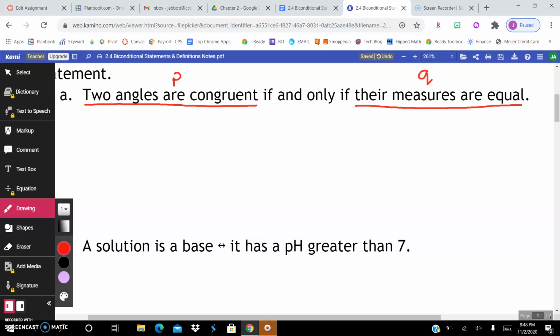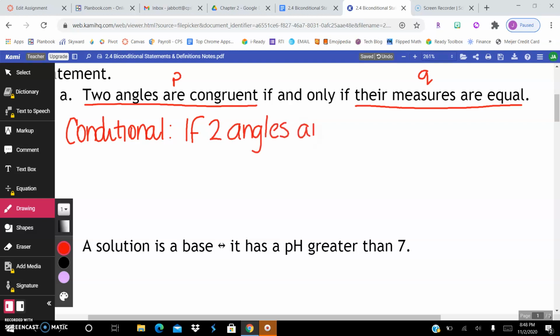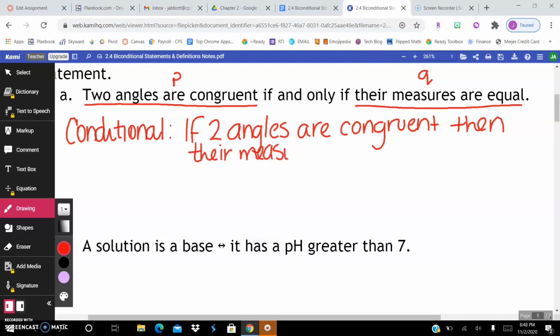So for our conditional statement that we have to write, the conditional statement is if P, then Q. So we're going to have to say if two angles are congruent, then their measures are equal. And then we have to write the converse.